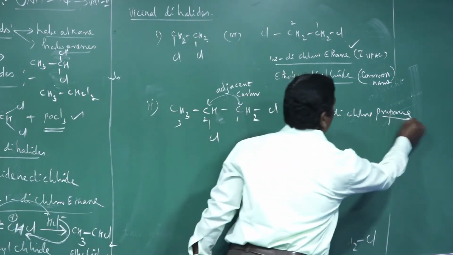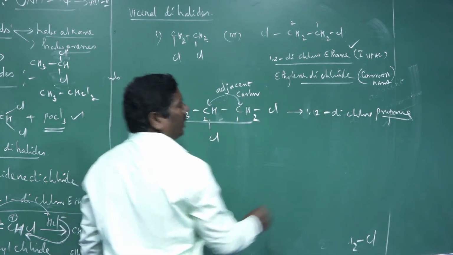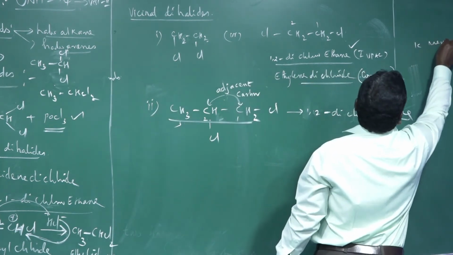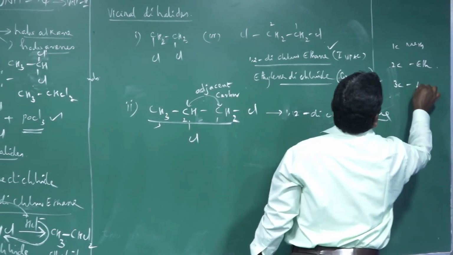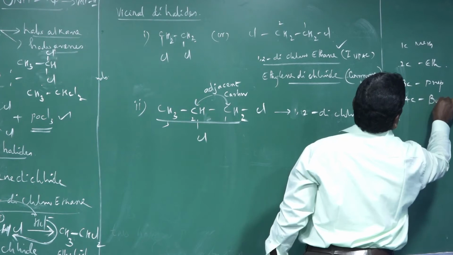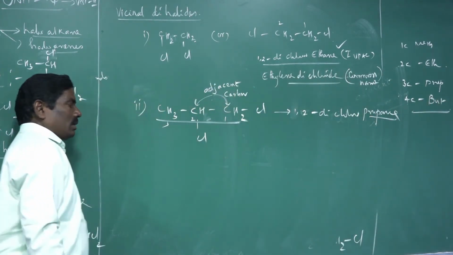Propane is the fundamental, the number of carbons in the straight chain. 1 carbon, you know that is meth. 2 carbon, eth. 3 carbon, prop. 4 carbon, but. This is the fundamental.